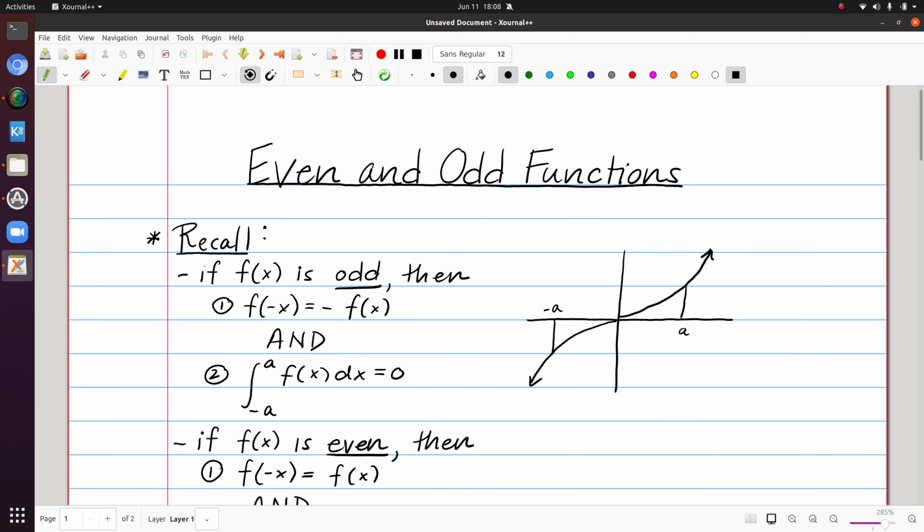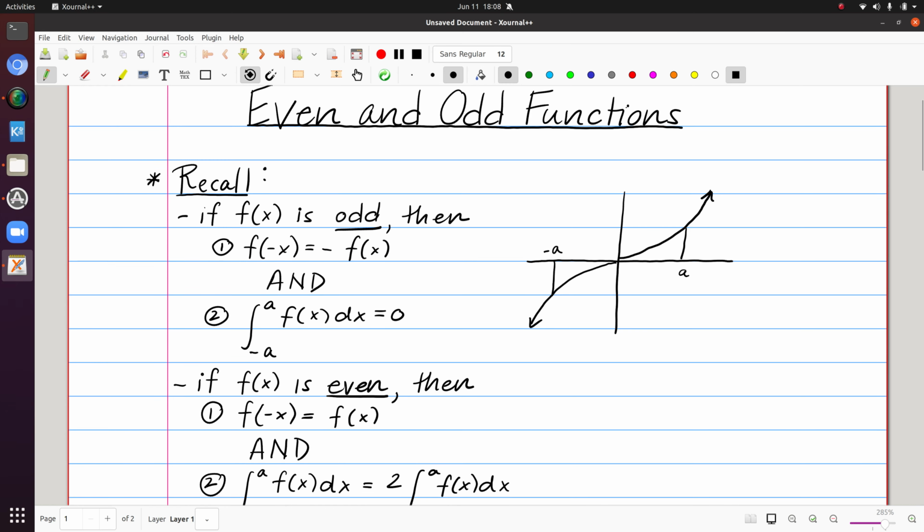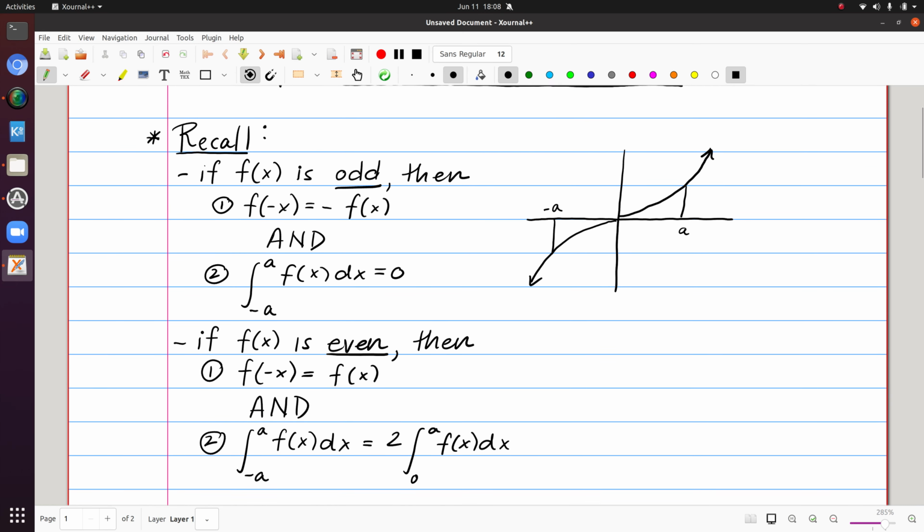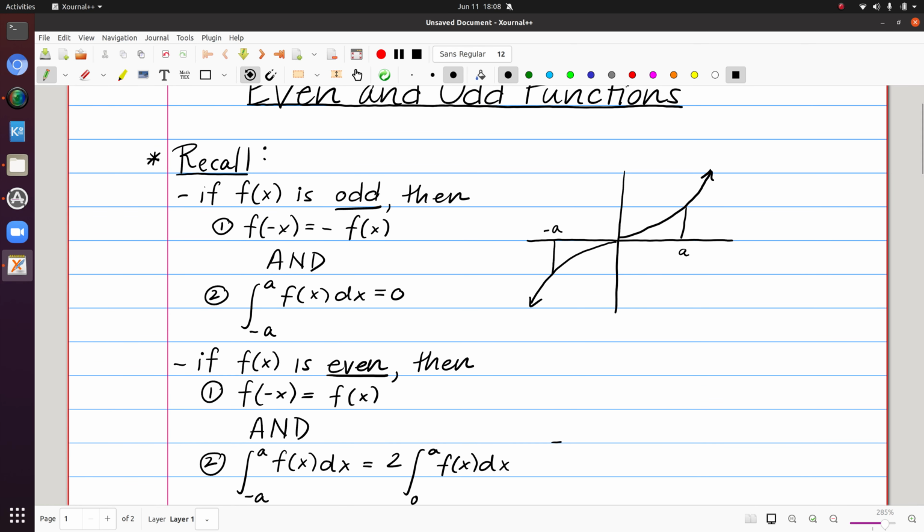If instead I have an even function, we define that to say that f of minus x is always equal to f of x. So if I were to, again, try to sketch an example of an even function, let's assume again that f of x looks like this to the right of the y-axis. Well, if I know that f of x is even, then I should have the left side look like this.